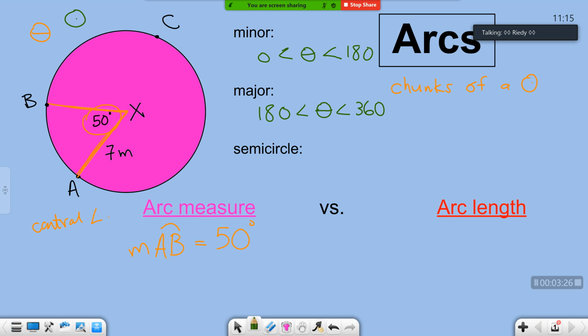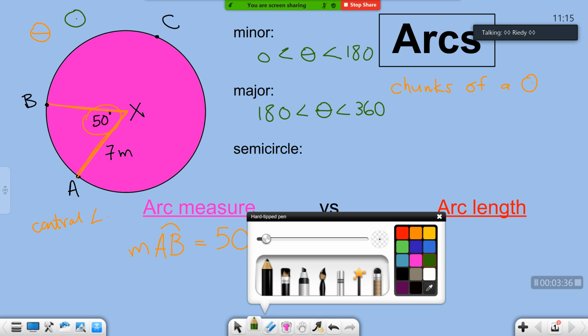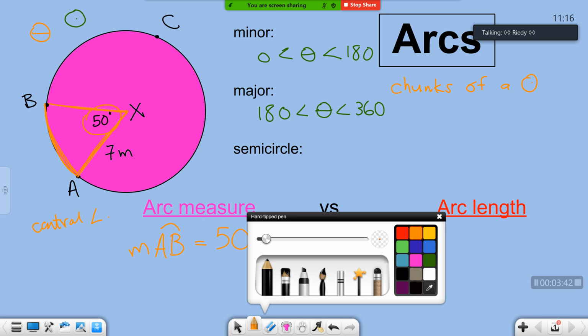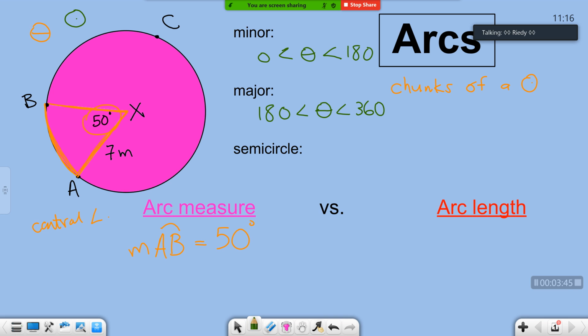Now, major arcs are a little bit different. So if we start all over again and I say to you arc AB, there's a problem there. Because one of those arcs could be this one in orange, but I could also have arc AB being this one, going all the way around the other direction.